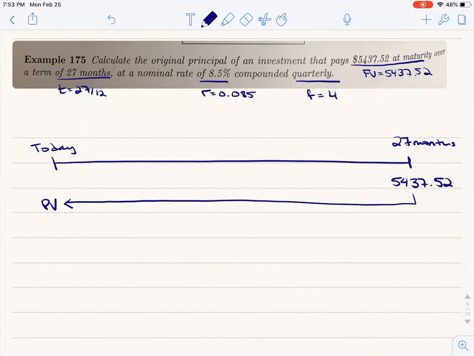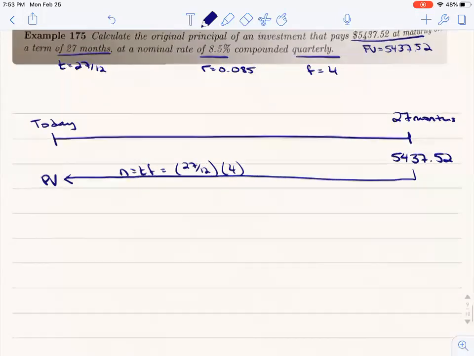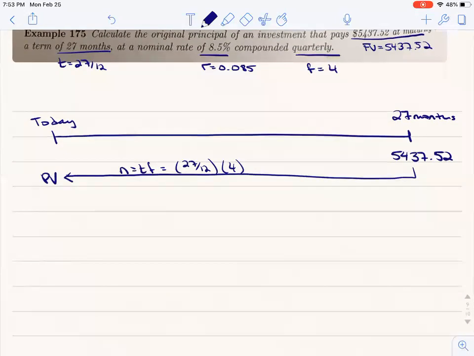On our arrow, we're not putting time anymore, we're putting n, the number of compoundings. n is time times the frequency. Time is 27 over 12, and the frequency is 4, which is 9. So 9 compoundings.